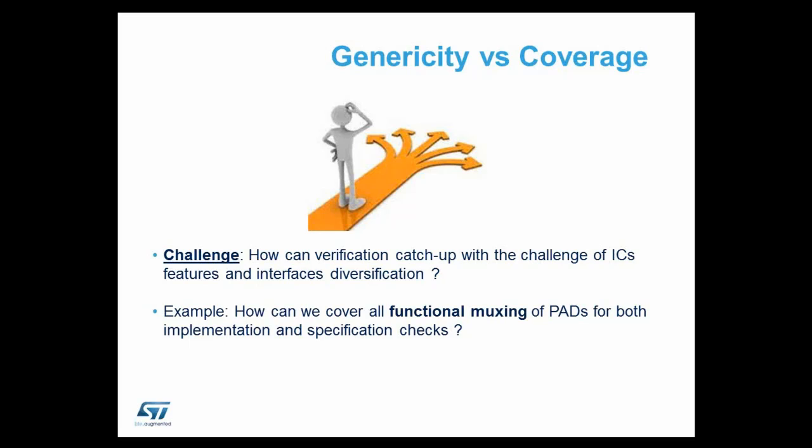We can use formal verification to be sure that connections between IPs and paths are not broken, and to be sure that muxes are indeed there. But this is not enough. Functional verification is quite important. We have to be sure that the implementation and the specification of the muxing of paths is correct. So this is creating a lot of use cases, and this is always a challenge of SoC verification.